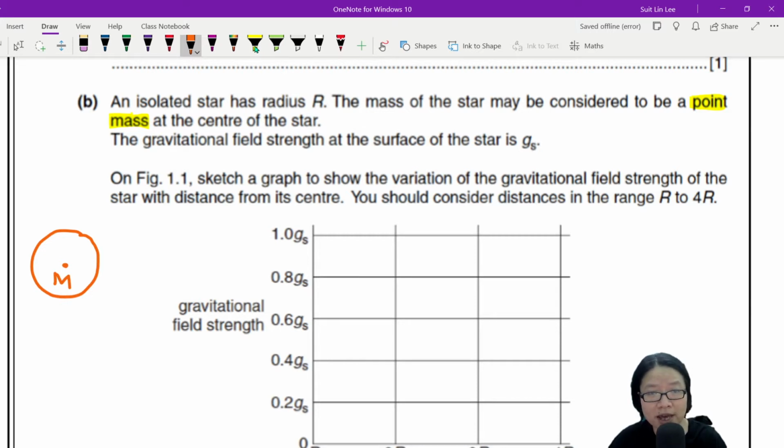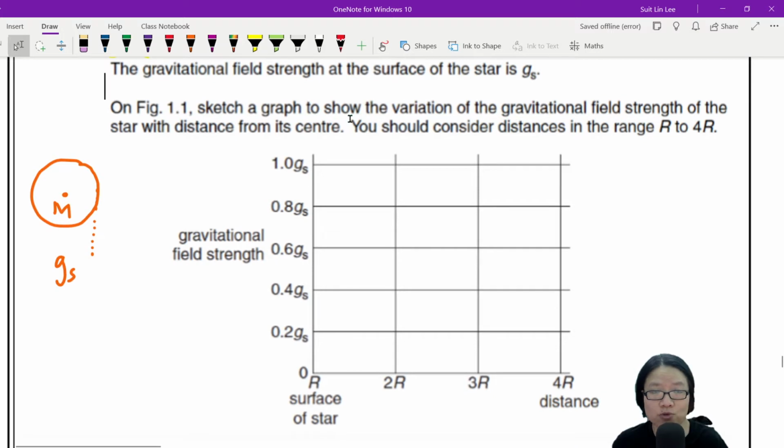Gravitational field strength at the surface of the star is GS, meaning at this point here, the gravitational field strength is GS. On this graph grid, sketch a graph to show the variation of gravitational field strength of the star with distance from the center. If we are measuring distance from the center, at the surface we are talking about radius.